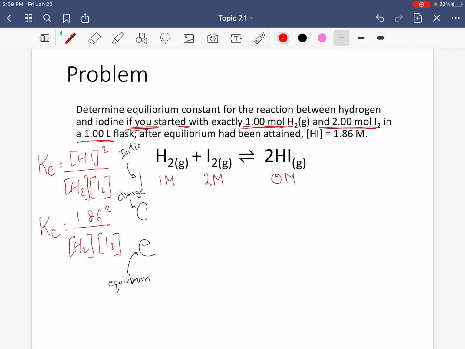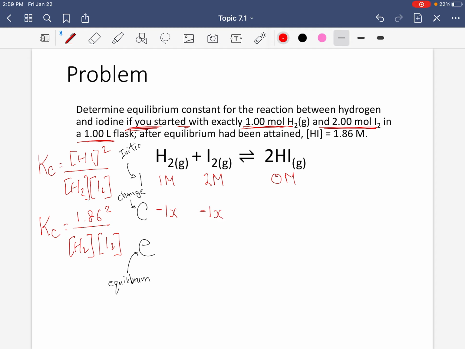In terms of change, it's going to be minus 1x, because we don't know how much it really changed. We know it's 1 mole of something. Same in here: negative 1x.